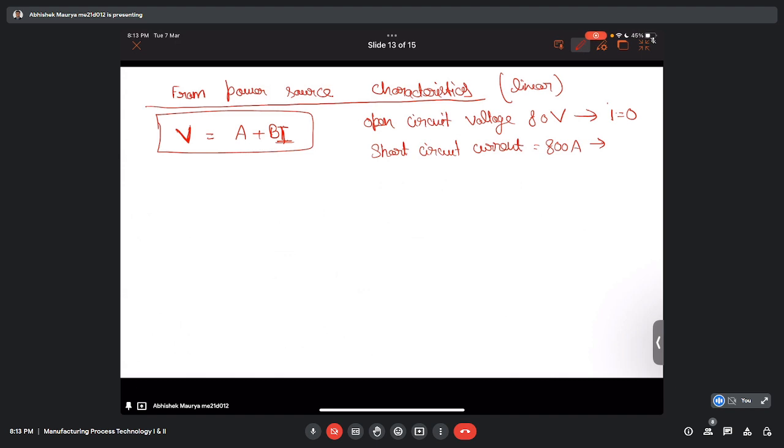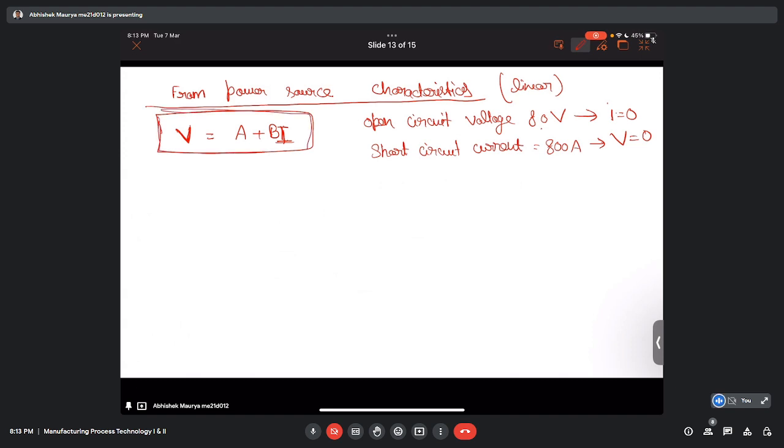There is no resistance for the electrons, so the voltage drop will be zero. So open circuit means current is zero, short circuit means voltage drop is zero. Now from these two pieces of information, we will try to find this equation.